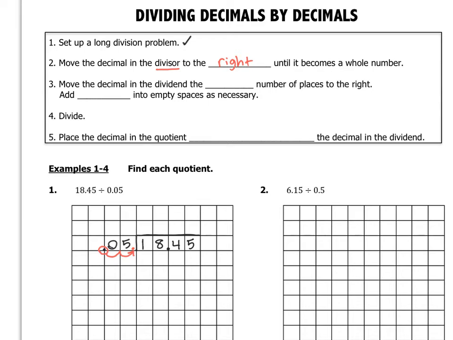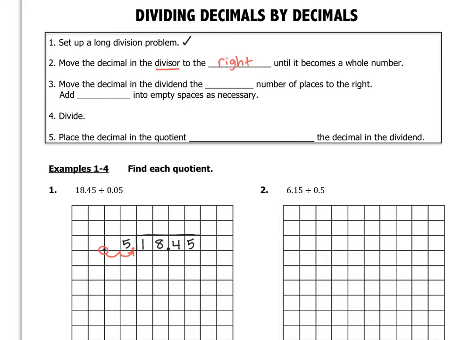So now, just for my benefit, I'm going to erase the 0 that I have here. And so you can see we're just dividing by the number 5. Let's go back up to the steps in our box because now we need to look at our next step. Once we've moved the decimal point in the divisor, we also need to move the decimal point in the dividend.